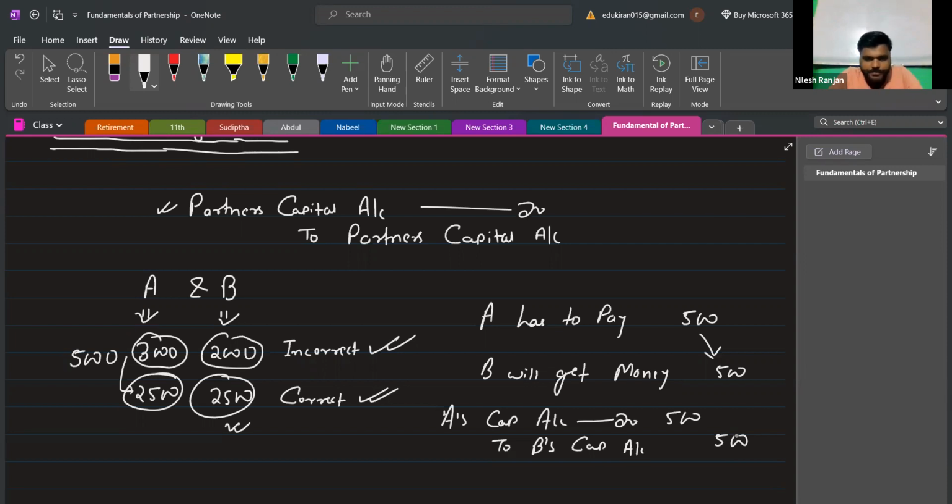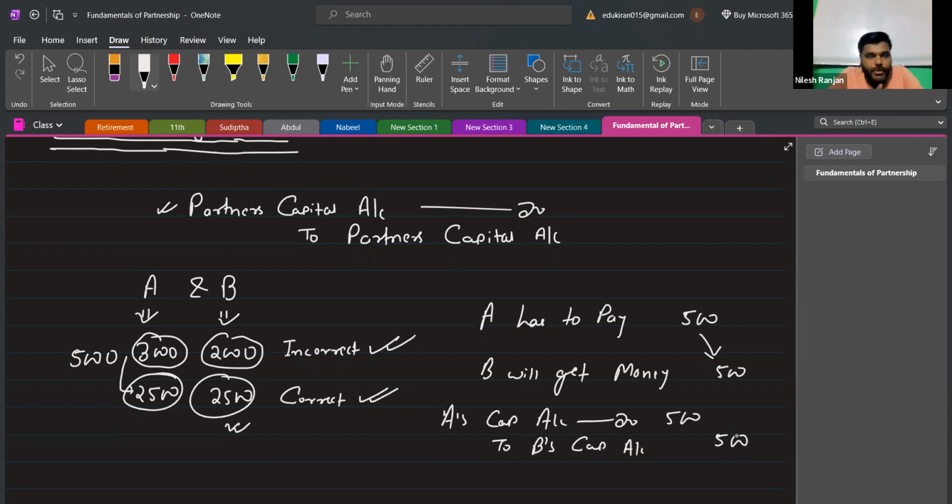Do you remember the features of partnership? Just tell me yes or no. There should be minimum 2 partners, maximum 50 partners.